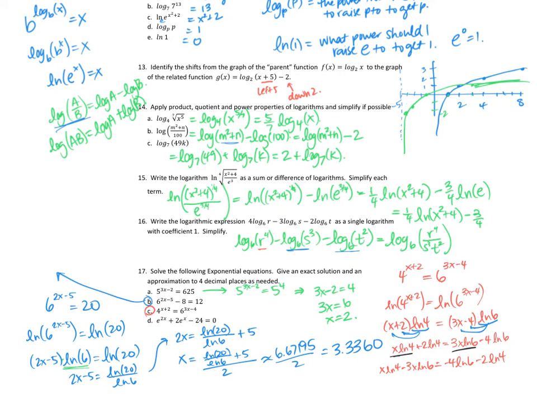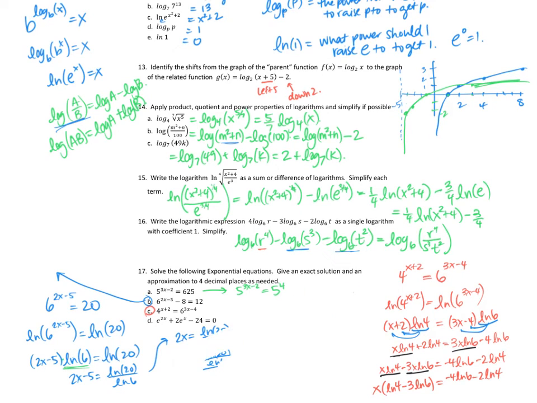Now I'm going to factor that x out of these two terms. So I have x times natural log 4 minus 3 natural log 6 is equal to negative 4 natural log 6 minus 2 natural log 4. Now I'm almost out of space here, so let me make some space over here and erase some of this stuff.